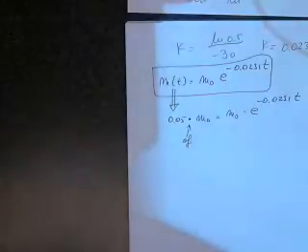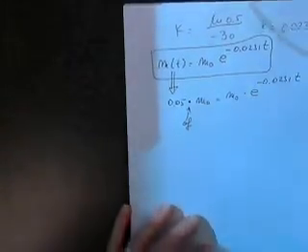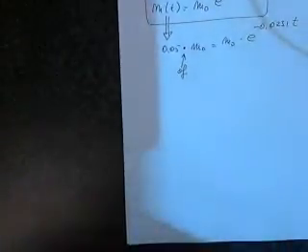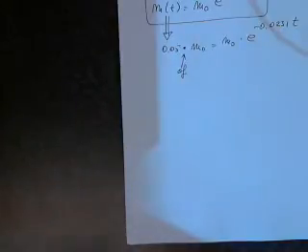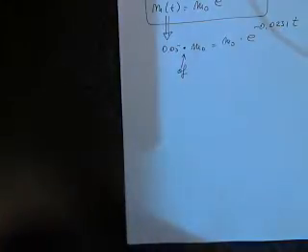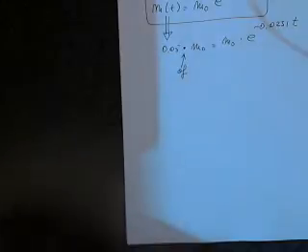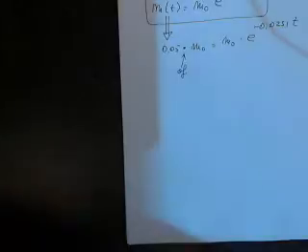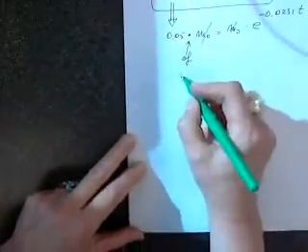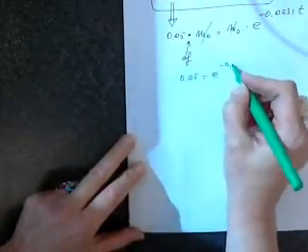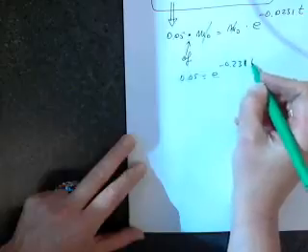Very good. And what should I do next then? Because 95 is gone, 5 is left. 5% of the initial that we don't have. So I have 0.05 equals e to negative 0.0231 t.